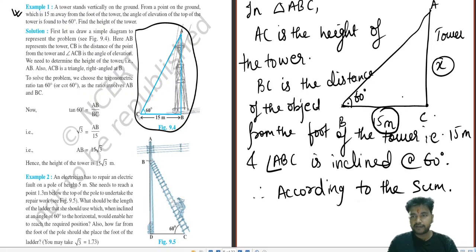Now if you look at it very carefully, this is the angle, so this will be your perpendicular and this will be your base. And what is the relation between perpendicular and base? That is tan theta, and tan theta over here is tan 60 degree. Now what is the formula for tan 60 degree? That is perpendicular by base, that means AC by BC.